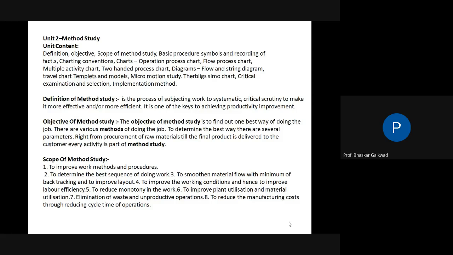So you have to eliminate unproductive operations, meaning operations which are not necessary for that component. Now, what is an example of unproductive operations?